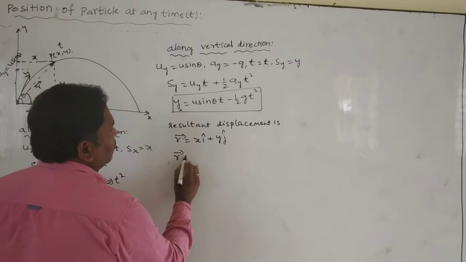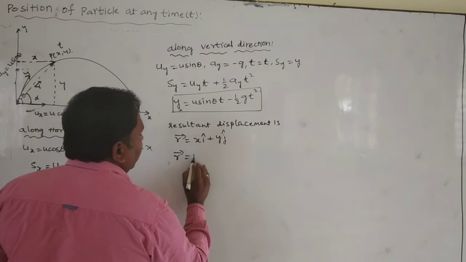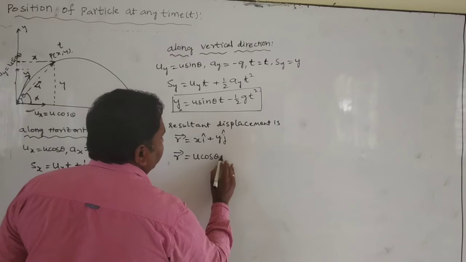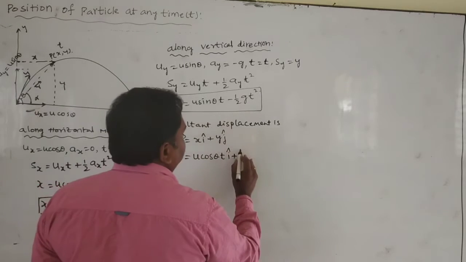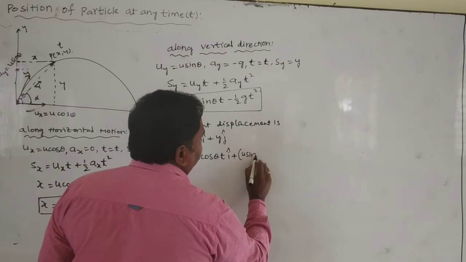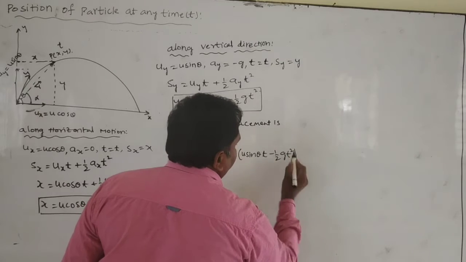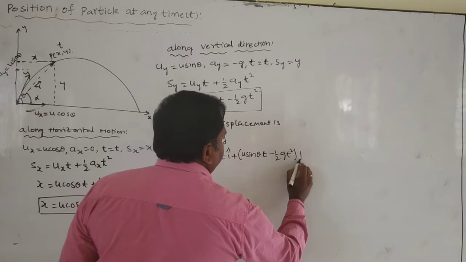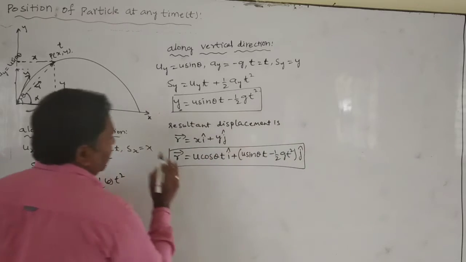So r bar equals u cos theta into t into i cap plus u sin theta into t minus half g t square into j cap. This is the resultant displacement of the particle.